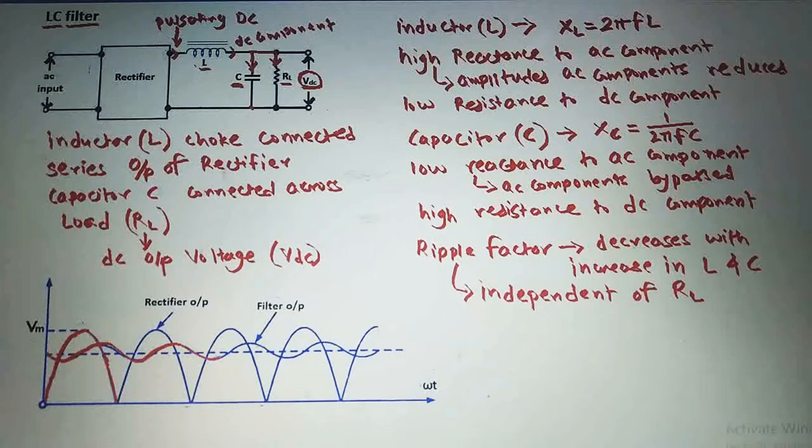You can see here the amplitudes of the AC components are reduced by the filter, so that we will get almost constant DC output voltage across this load resistance RL. So this is the waveform which shows the rectifier output as well as the filter output.